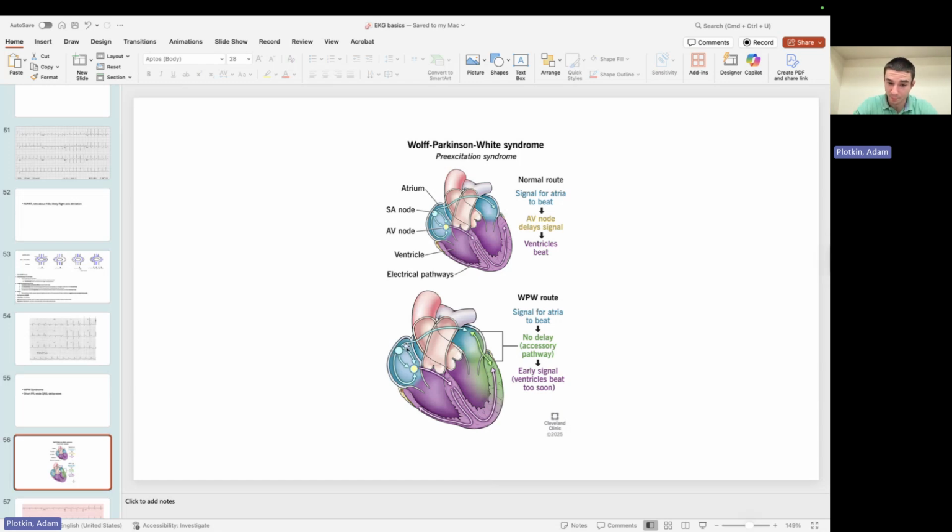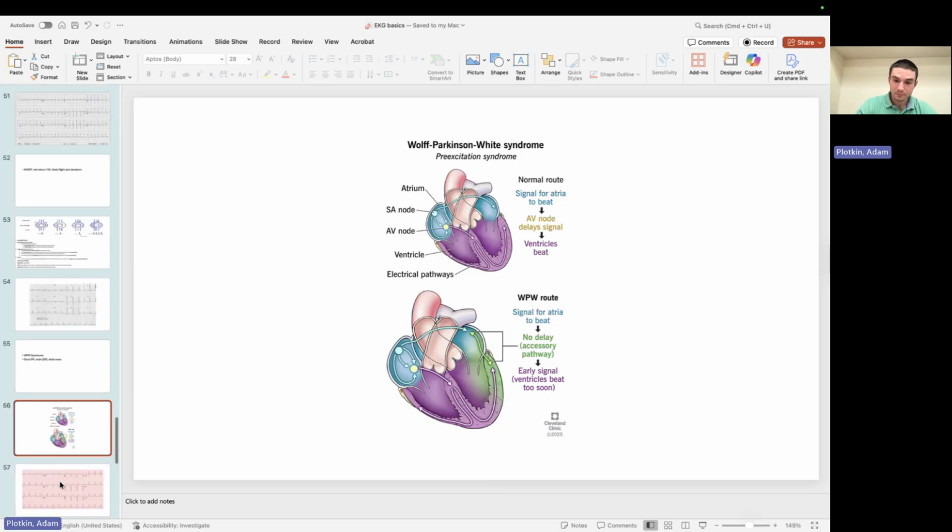So we're beating through the SA node to the AV node. This pauses. We go through the bundle of His, through the bundle branches, but at the same time, we're shooting off an electrical signal through this accessory pathway, and then we're exciting the ventricles way too early. And so we can get a tachycardia. You can see we go in a loop over and over again. This would be an AVRT, all right?